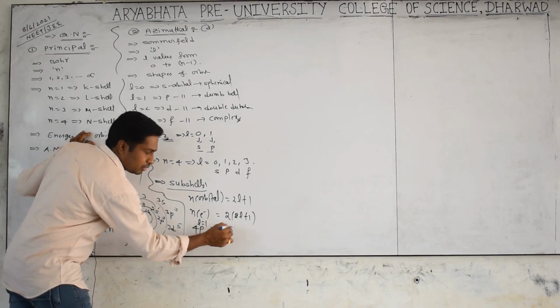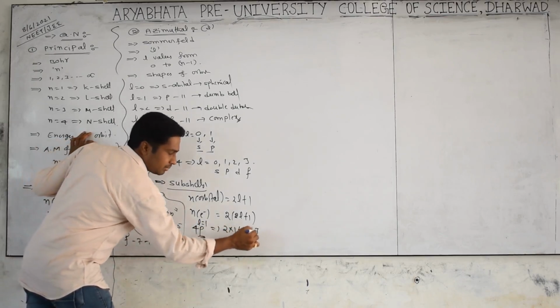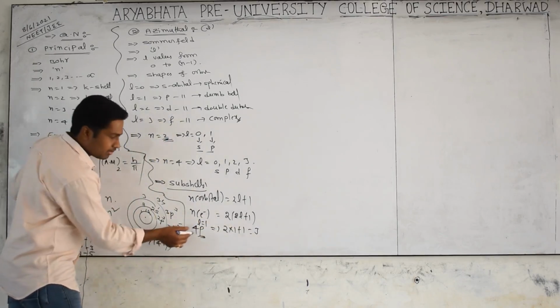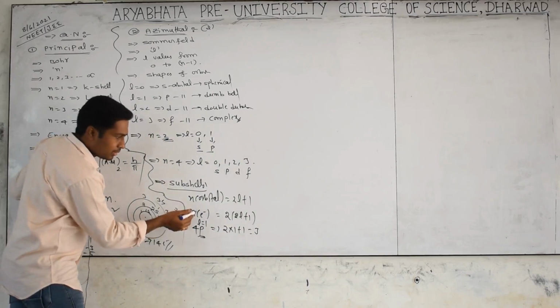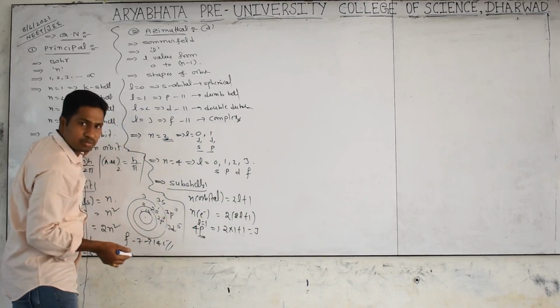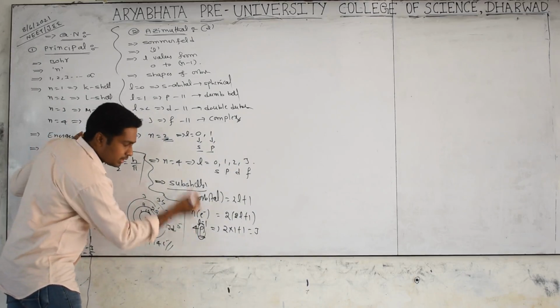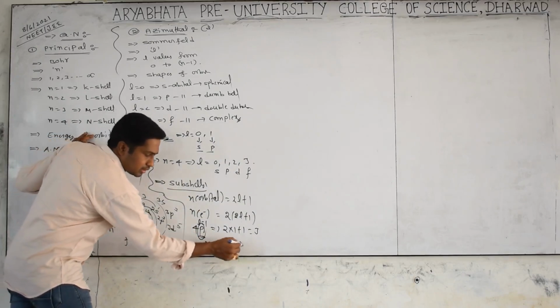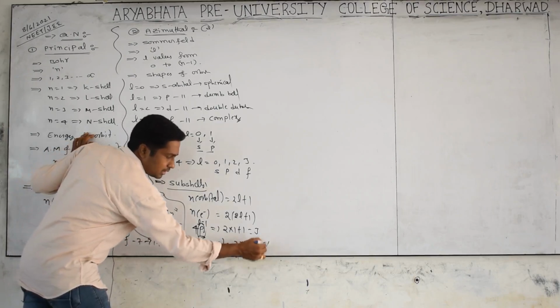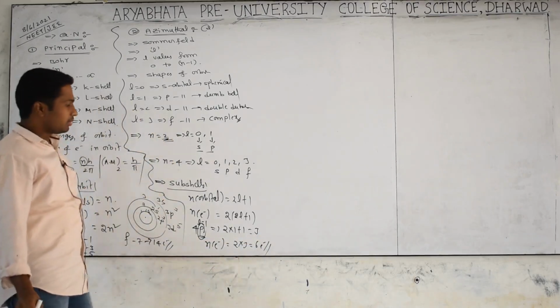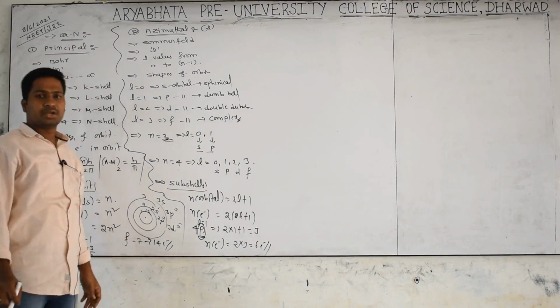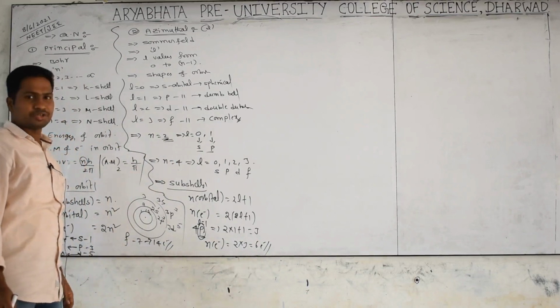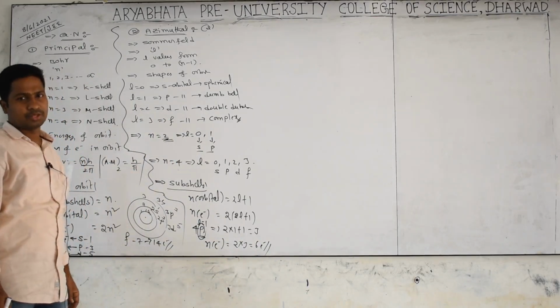So 2 into 1 plus 1 is 3, so we get 3 orbitals. In 3 orbitals, what is the number of electrons? 2 into 3 is 6 electrons. So the formula for the number of orbitals in a subshell is 2l plus 1, and the number of electrons in a subshell is 2 into (2l plus 1).